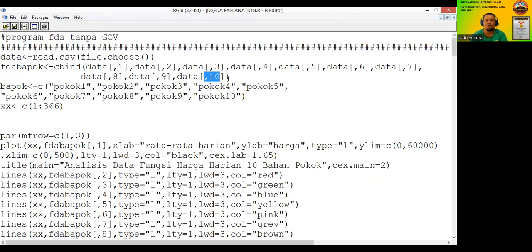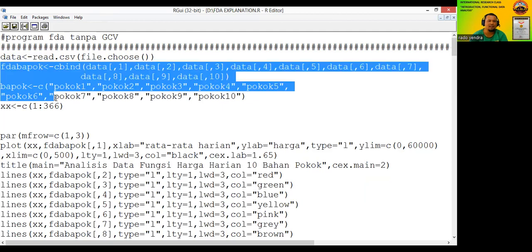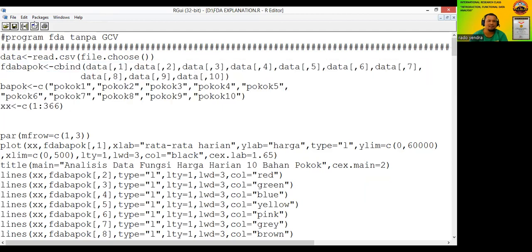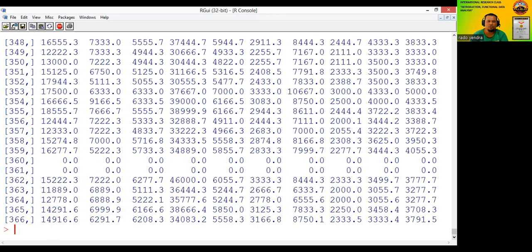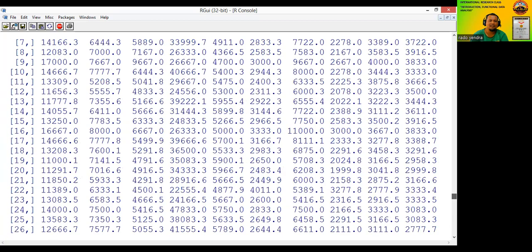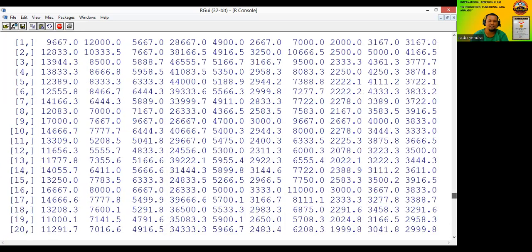Like I said before, we only use the 10 basic commodities. Okay, we run our data. You can check here, if I copy and paste here, you can see we only use the 10 basic commodities.